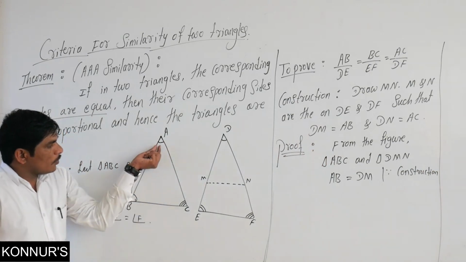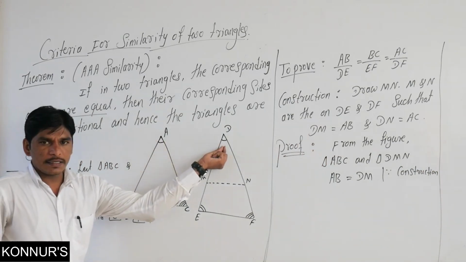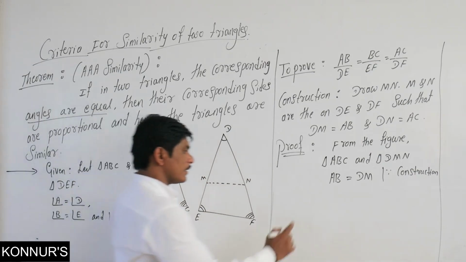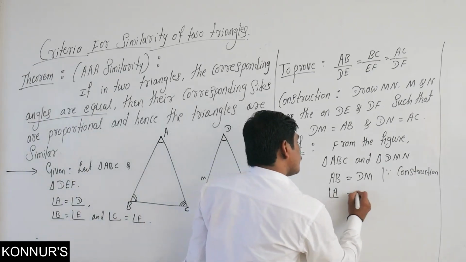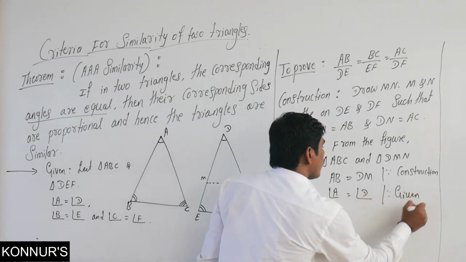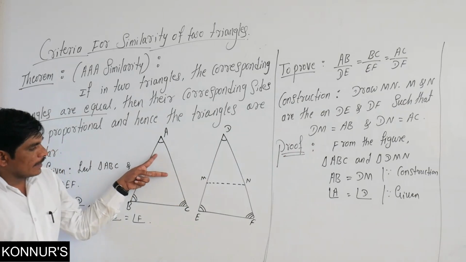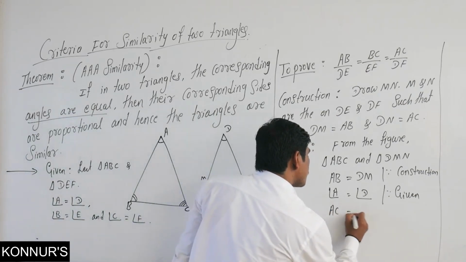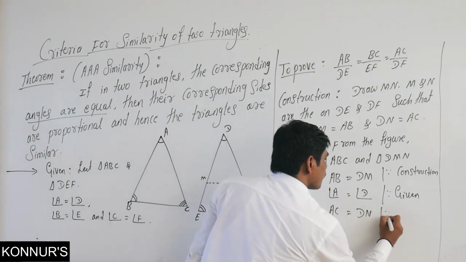And one more point: angle A is equal to angle D, because it is given. And the next point is AC is equal to DN, because it is also from the construction.